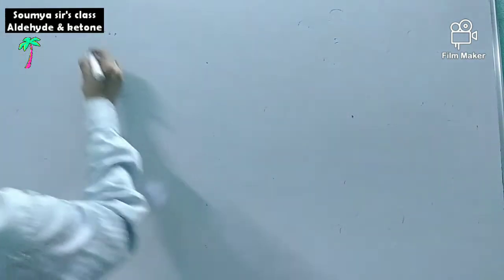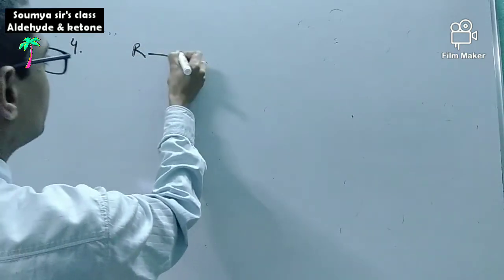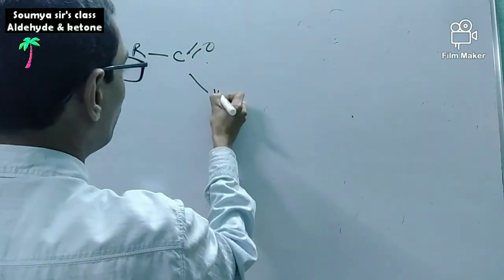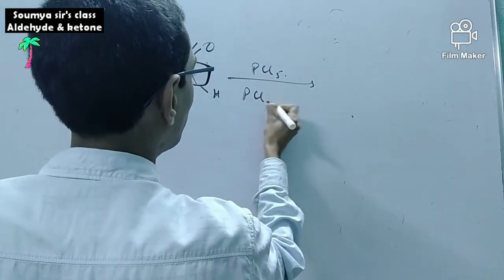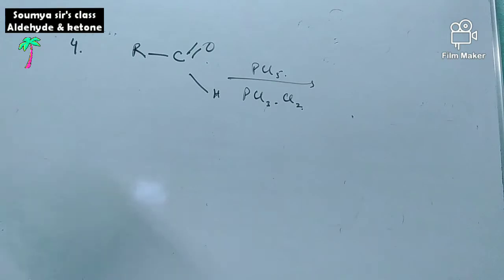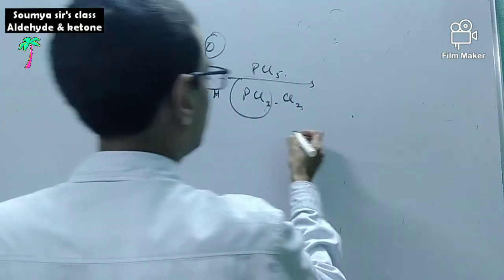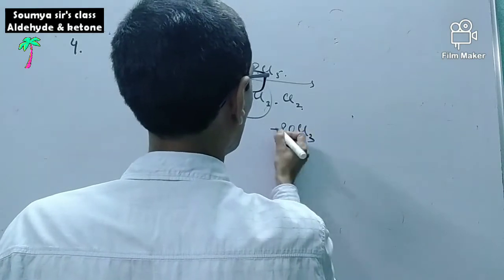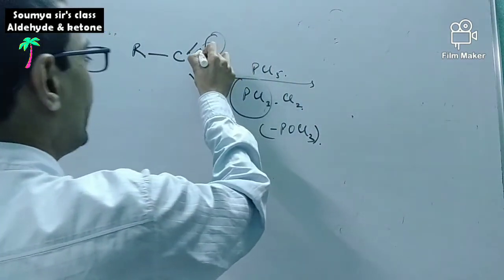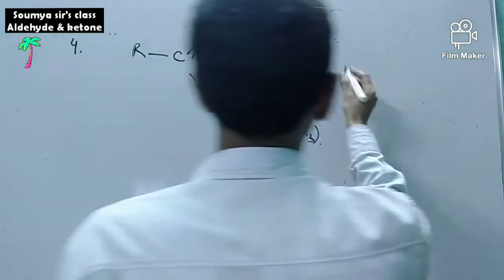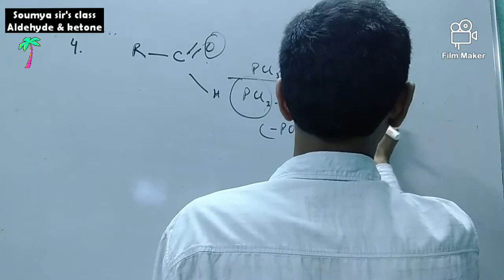Number 4, reaction with halogen: RCHO reaction with PCl5. Now PCl5 always breaks into PCl3 and Cl2. Now this O part will combine with PCl3 to form POCl3, that is phosphorus oxychloride, and the remaining 2 chlorines will attach to the 2 bonds of the carbon to form a dihaloalkane.